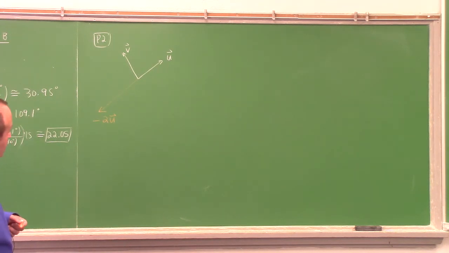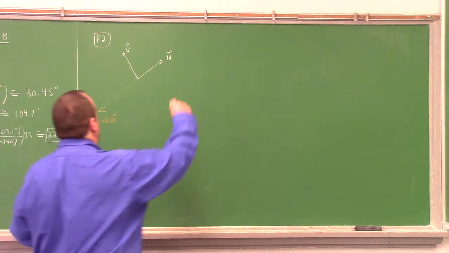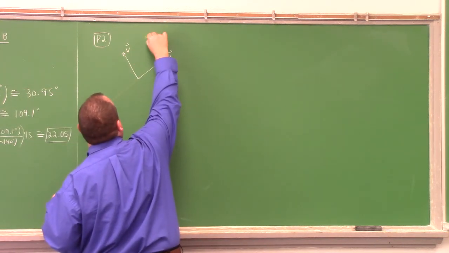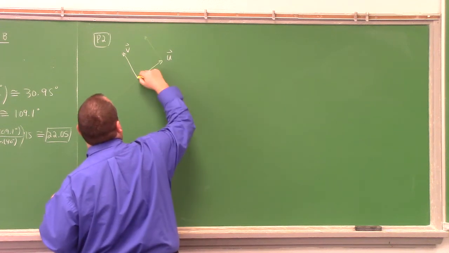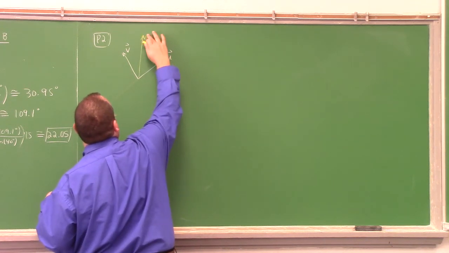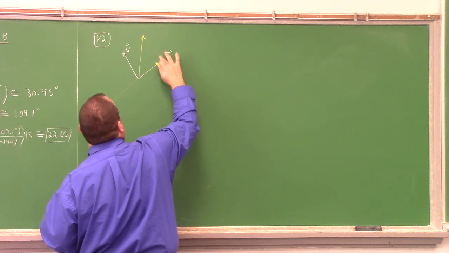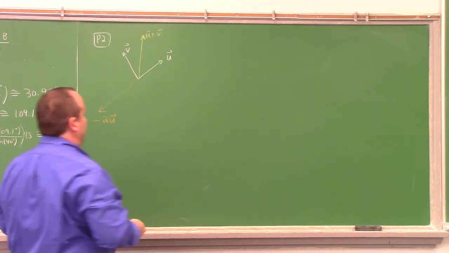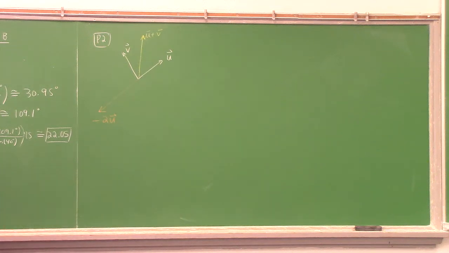And then the other one, u plus v is basically, so this is u plus v, so like this. Let me erase that just to emphasize what the answer is here. This would be u plus v. I think my minus 2u is too long, but you guys get the idea.